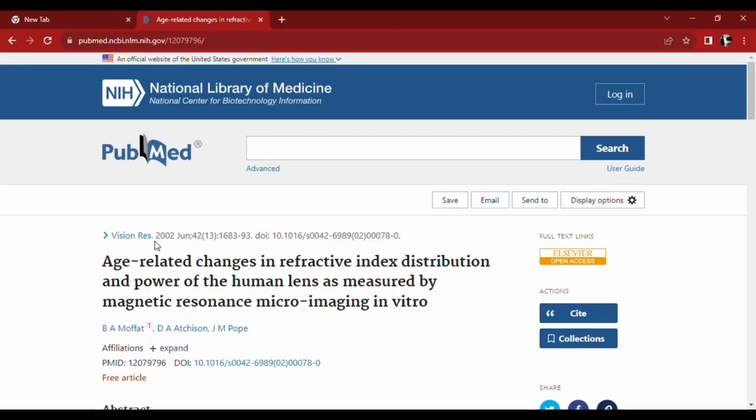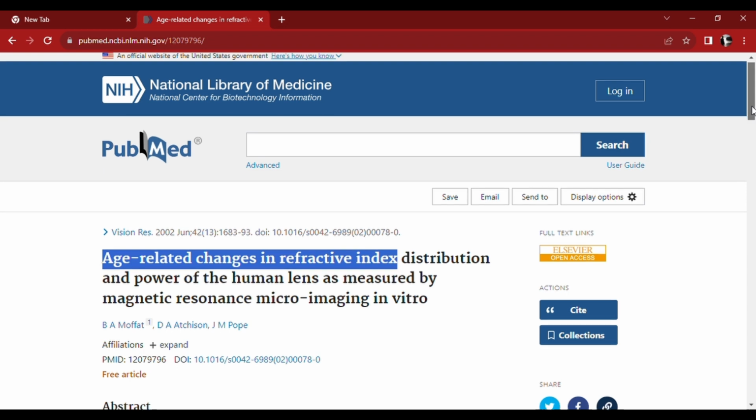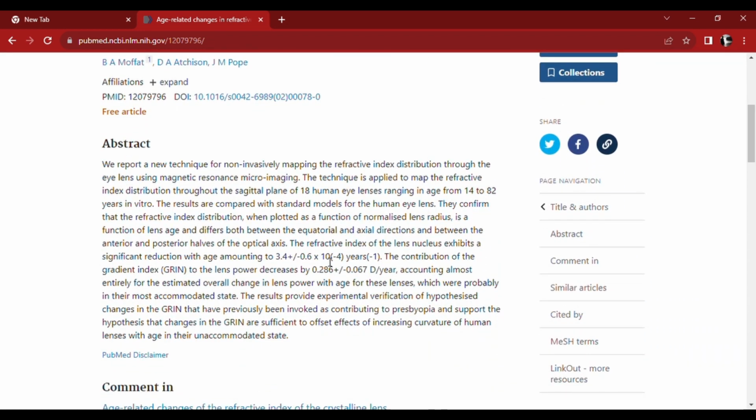So here is a study from 2002 about age-related changes in the refractive index of the human lens. And here the refractive index of the lens nucleus exhibits a significant reduction with age. The contribution of the gradient index to the lens power decreases by 0.286 diopters per year, accounting almost entirely for the estimated overall change in lens power with age for these lenses.